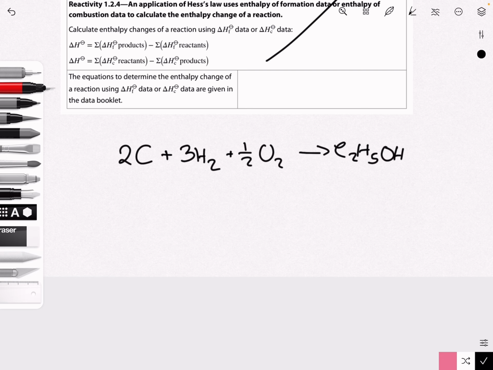So broken down, or in better words, we know that the route that this reaction will take, first of all, our carbons will be oxygenized, so we know that this will form carbon dioxide, even though down here we have 2 oxygens and up there we only have 1. Do not worry, that is simply the way that this is done. Since it's a combustion reaction, we know that carbon dioxide and water will be formed.